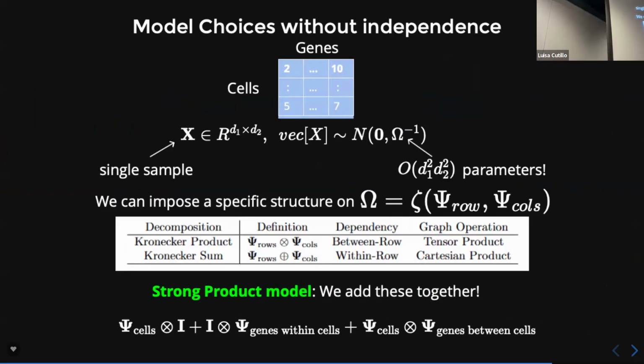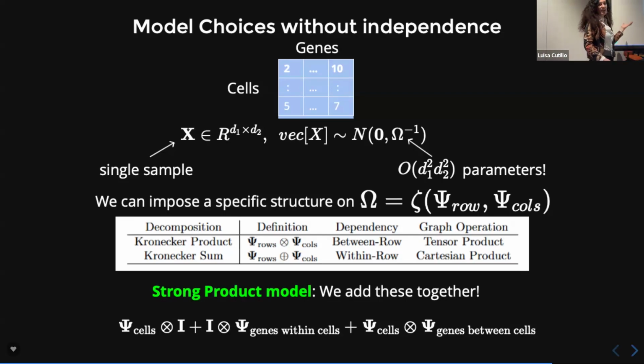What we used in our GMGM is the Kronecker sum, which expresses the within-row dependency and translates into the Cartesian product of graphs as a graph operation. Another product is the Kronecker product, which expresses the between-row dependency and translates into the tensor product.